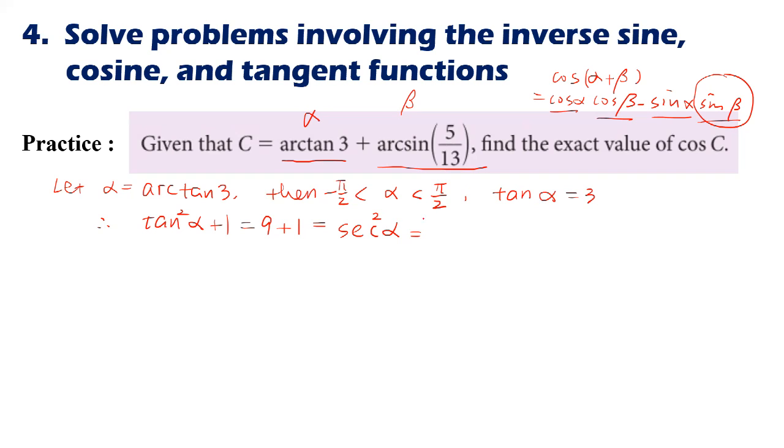And secant alpha squared is the reciprocal of cosine alpha squared. So that means cosine alpha must be 1 over square root of 10. And we also know that sine alpha squared equals 1 minus cosine alpha squared, which is 9/10.